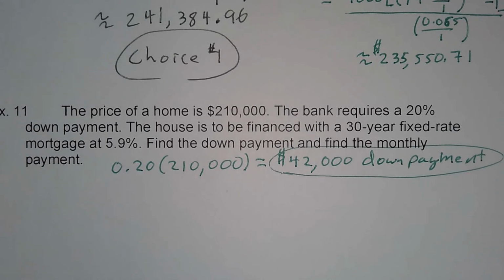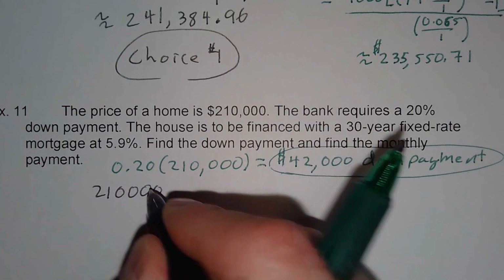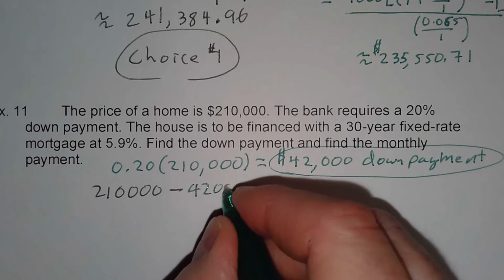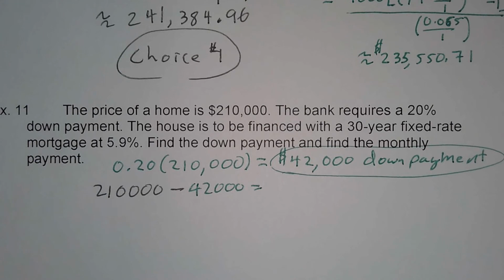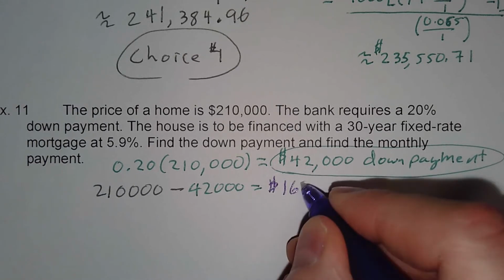Now remember, if they're putting 42,000 down, the amount of the mortgage is going to be 210,000 minus the 42,000. If we do that subtraction, that would give us 168,000. That's what's being financed.